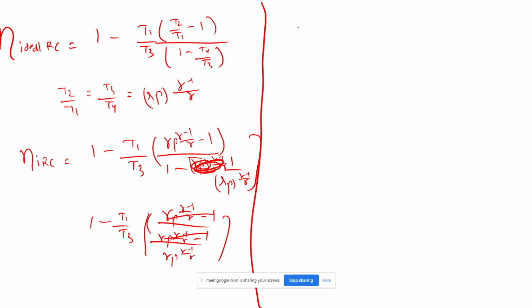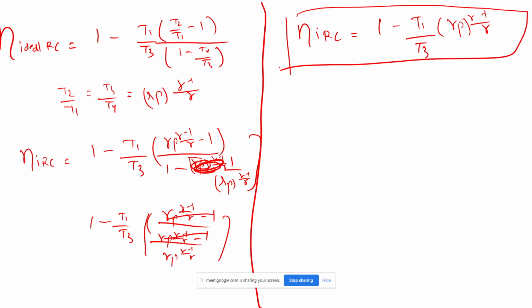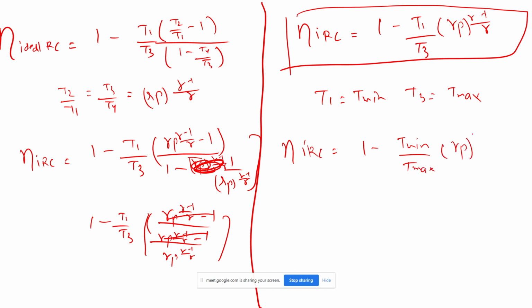What remains is: ideal regenerative cycle efficiency is 1 minus T1 upon T3 into Rp to the power gamma minus 1 upon gamma. This will come upwards. So this is the efficiency for the ideal regenerative cycle, where T1 is the minimum temperature and T3 is the maximum temperature. We can also write this as 1 minus T minimum upon T max, times Rp to the power gamma minus 1 upon gamma.